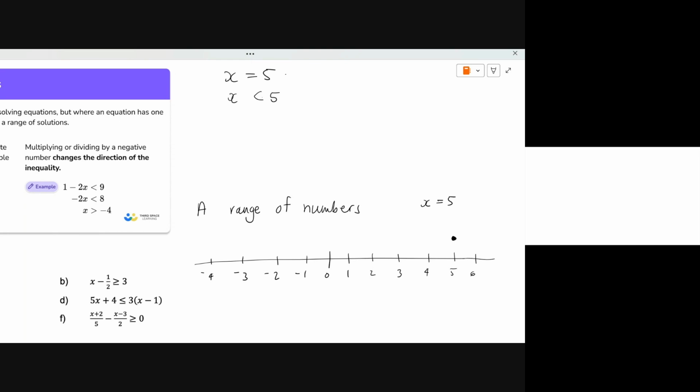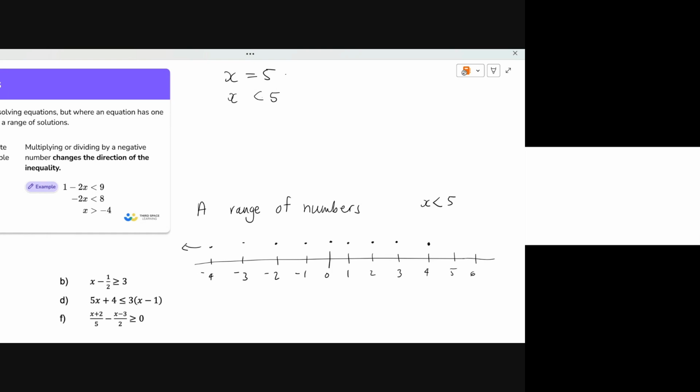It's an easy-ish concept. It's easy. All right. But now, if I say to you that x is less than 5, then definitely 5 is not included. But like we said, 4 will be included, 3 and 2 and 1 and 0, -1, -2, -3, -4, and everything going in that direction.